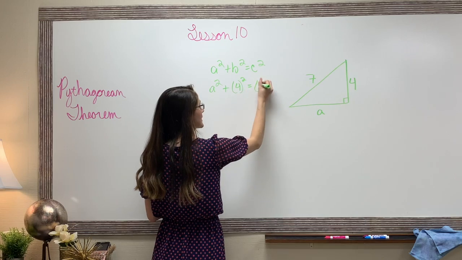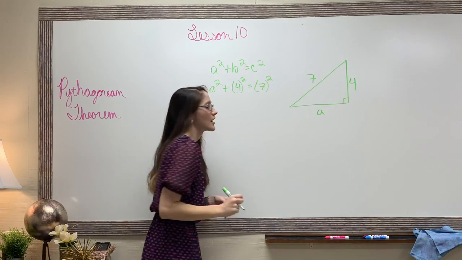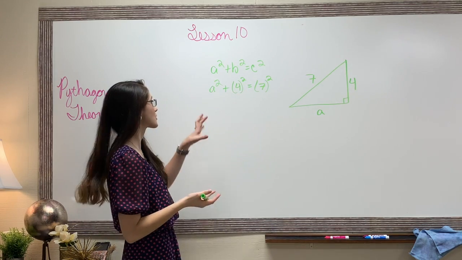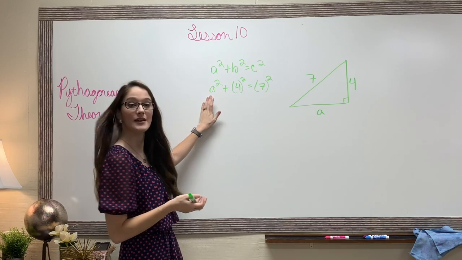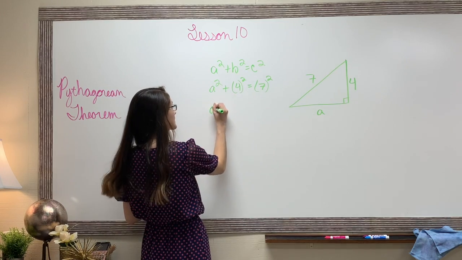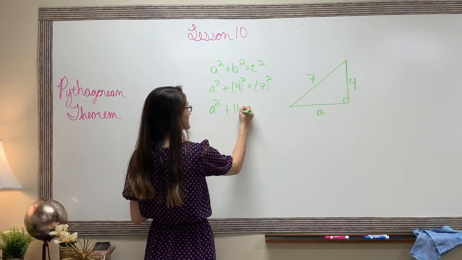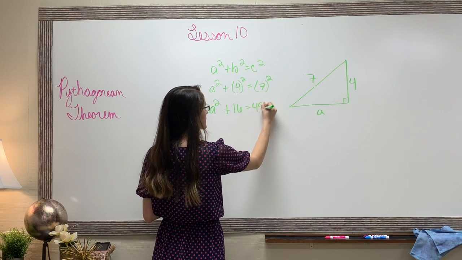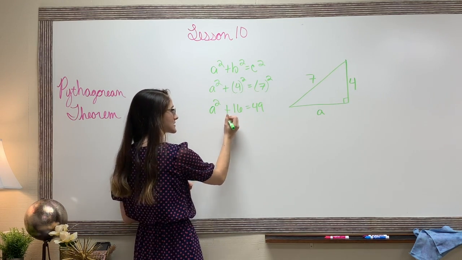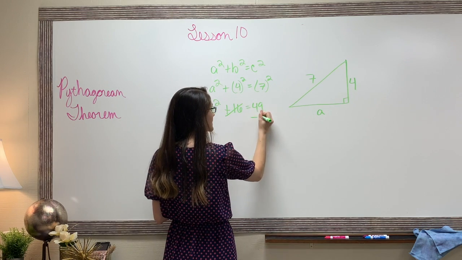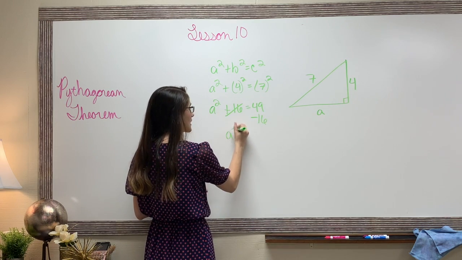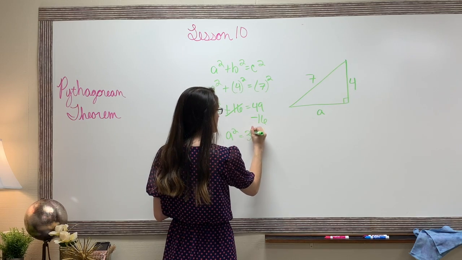And instead of C, I'm going to have 7. From here, I'm just going to simplify, solve, and get A by itself. So A squared stays, plus 16 equals 49. Trying to get A by itself, so I'm going to get rid of 16 by subtracting it. And then A squared equals 33.